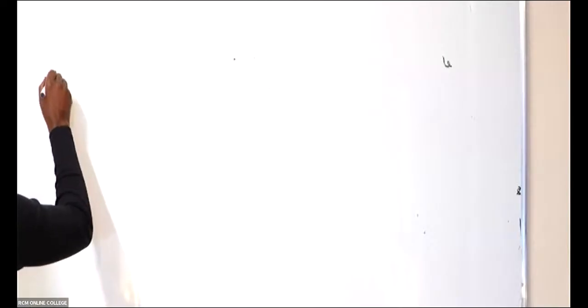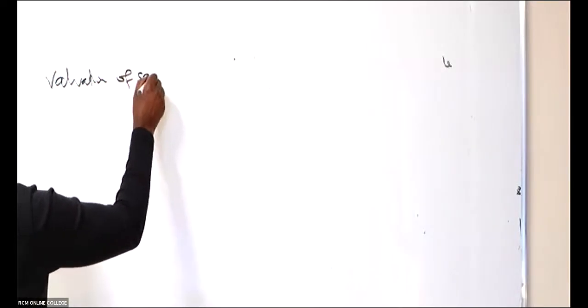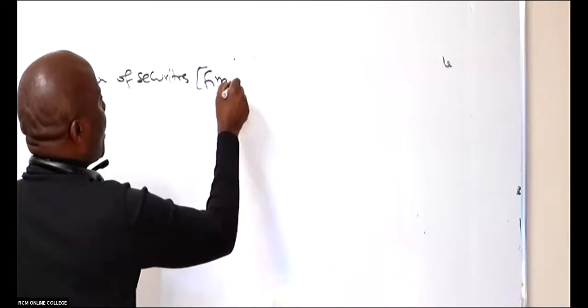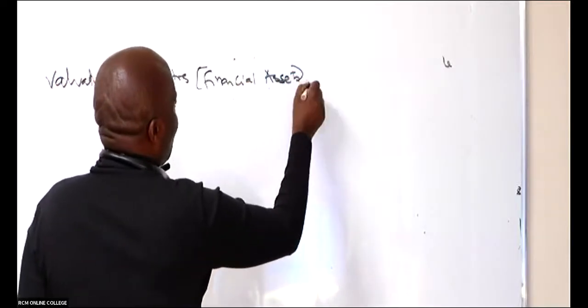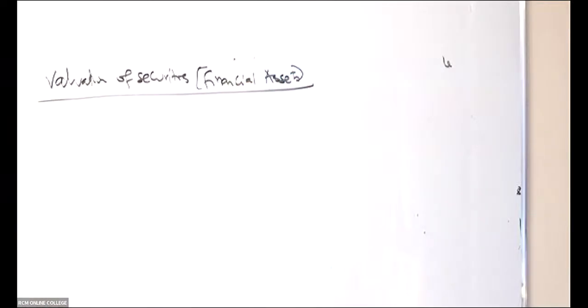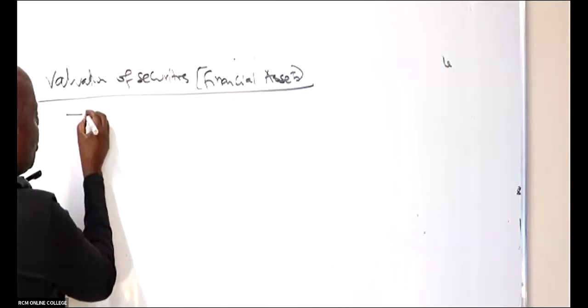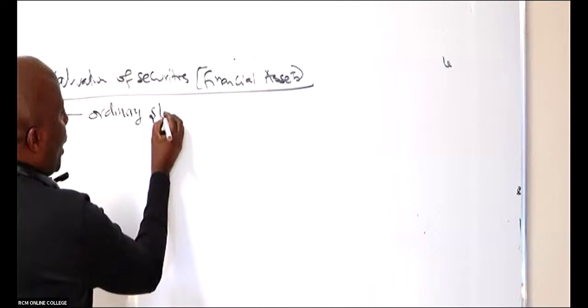So valuation of securities. These are those securities that your examiner calls financial assets. Where basically your syllabus is very clear. It wants me to teach you how to value ordinary shares.